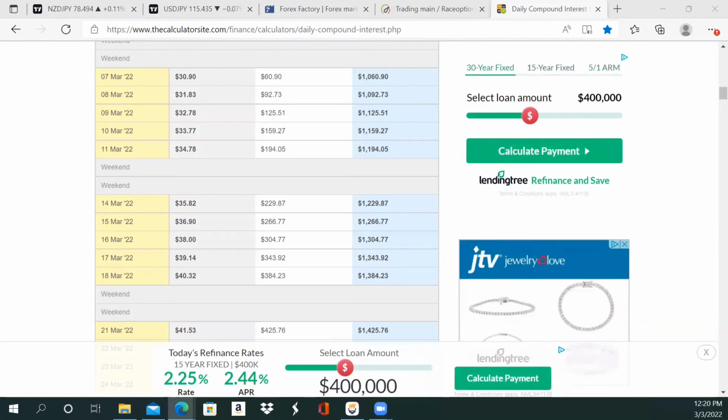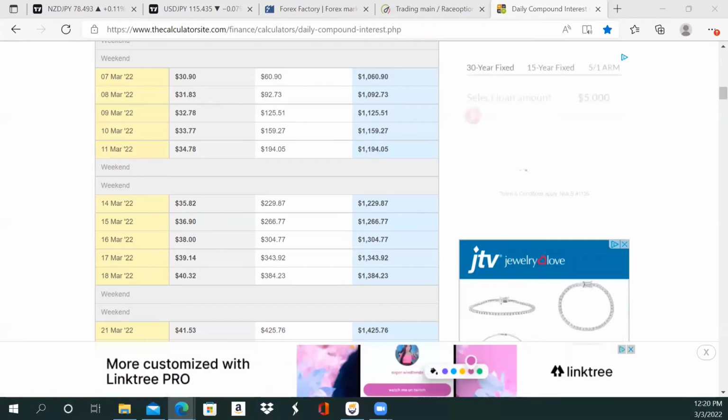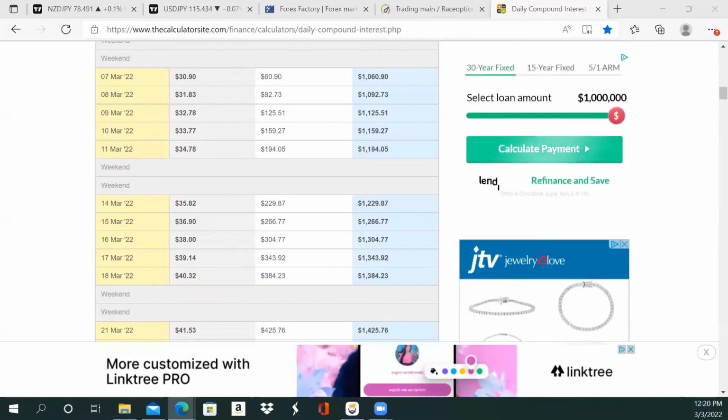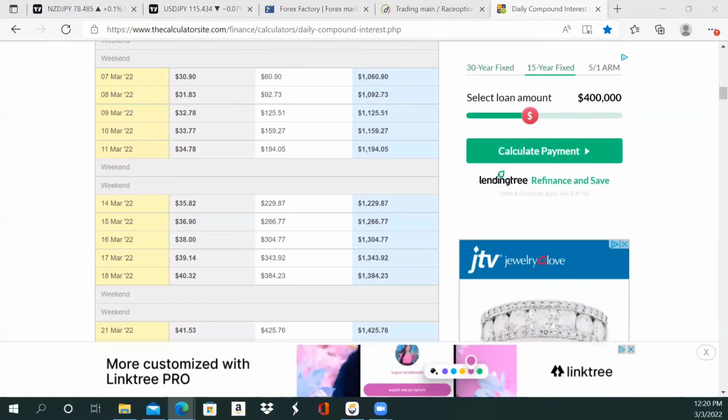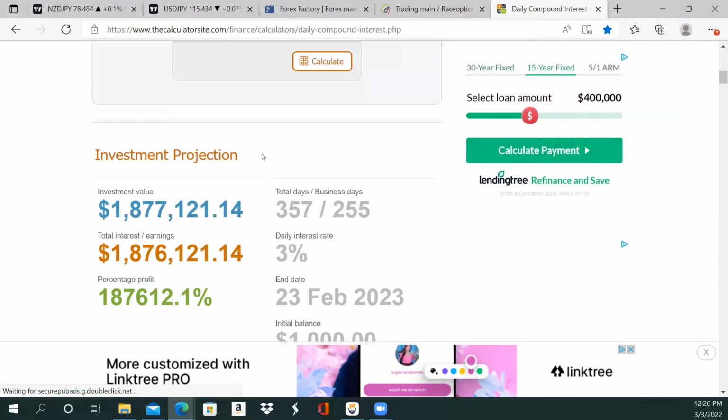More times than not, these people are going to succeed. But discipline's the absolute biggest issue when it comes to trading, because people cannot stay disciplined. And if you can, well, this whole plan here, this daily compounding plan, that's more than possible for you.